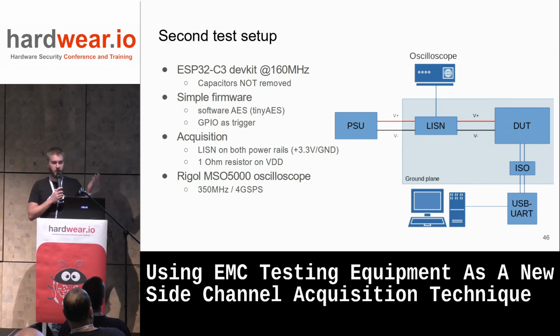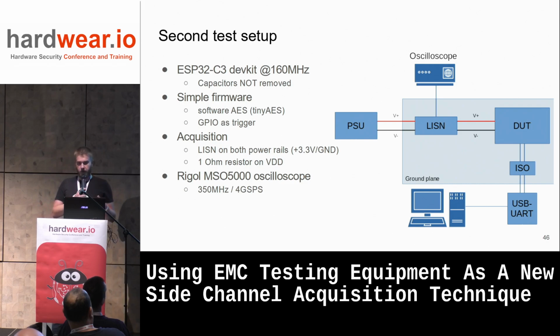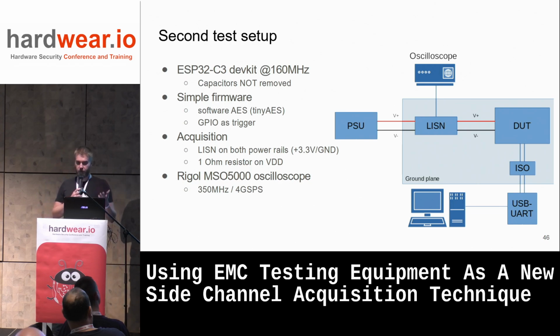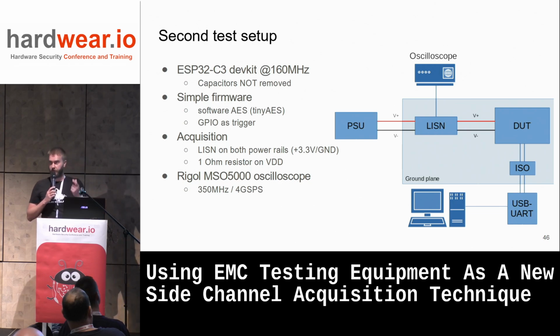This time I used software AES because it's more common, and all the rest is exactly the same: the LISN or the 1 ohm shunt resistor. I had to use the 1 ohm resistor because I tried a 10 ohm resistor, and unfortunately the brownout detection of the ESP32 was triggering, so the device was rebooting every time.